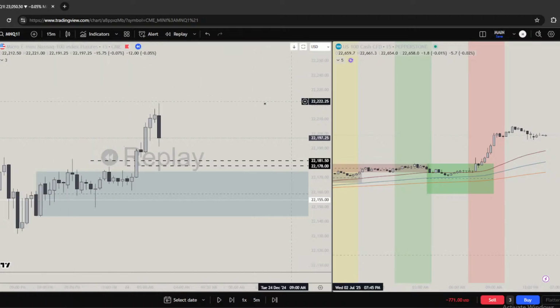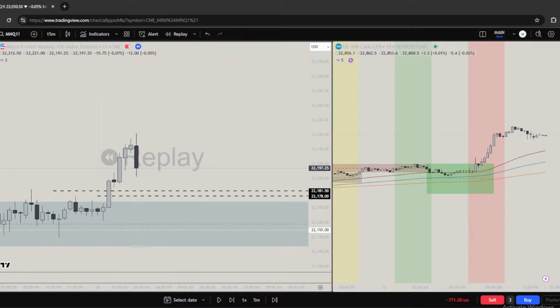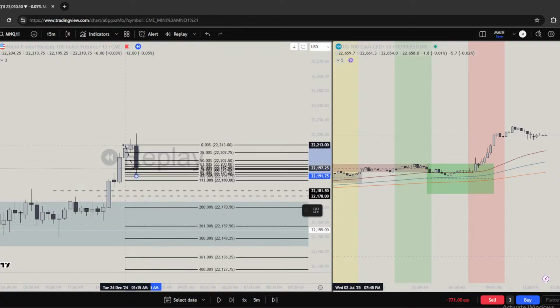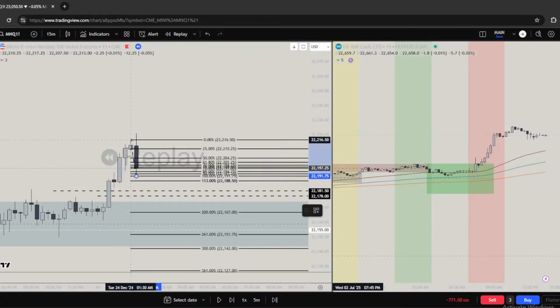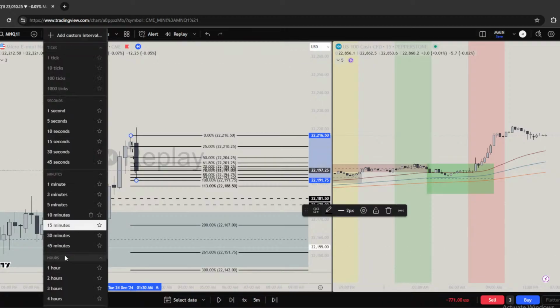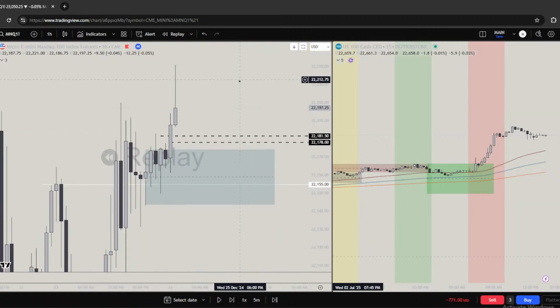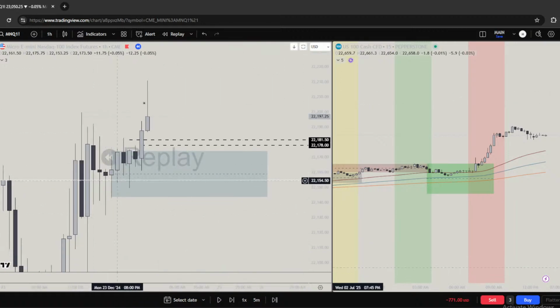What am I looking for? I want to see how far they are willing to take price. It's not how I run it. How do I run that? Okay, if I want to see how far they're going to take price down, accumulation, manipulation.